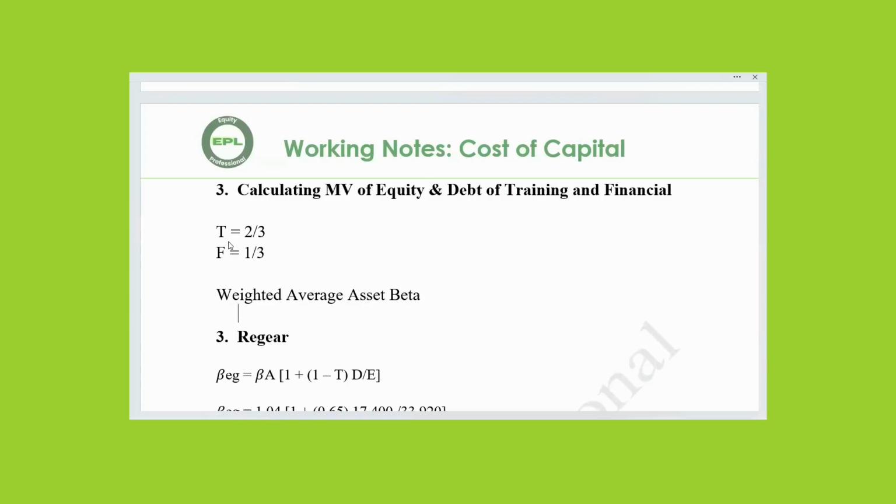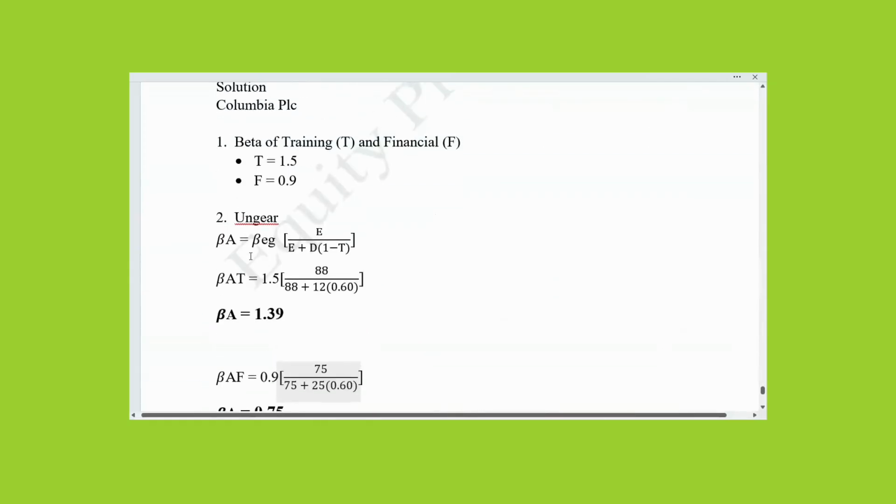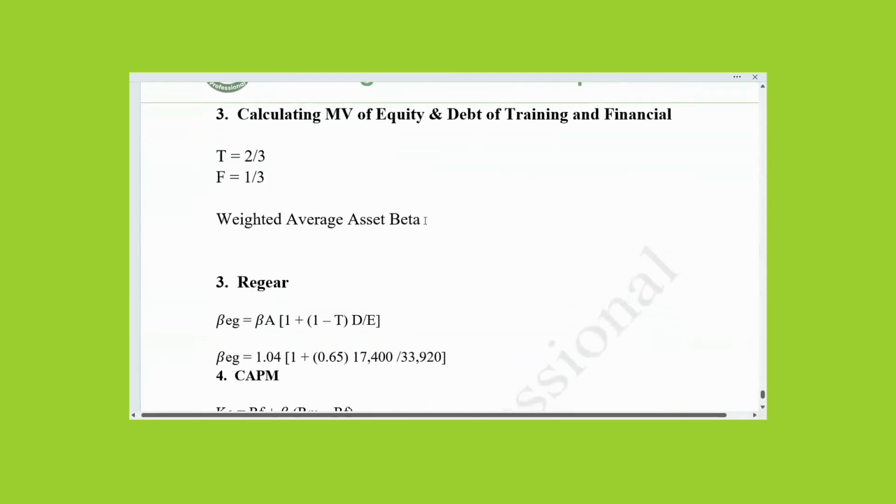Let me copy from the other side. We can also call it beta asset of the combined.